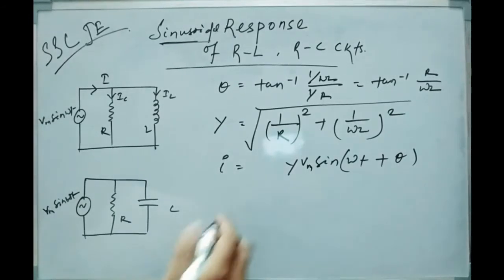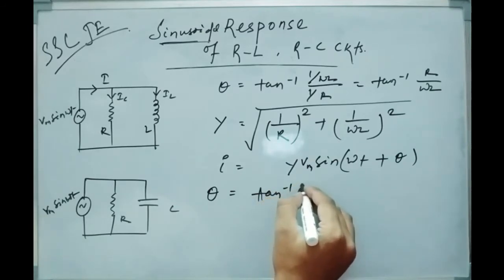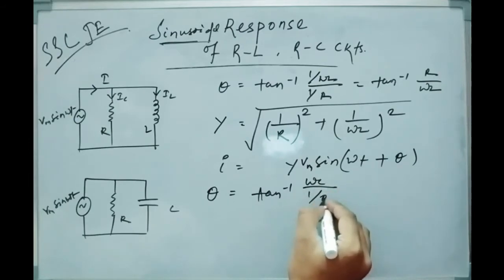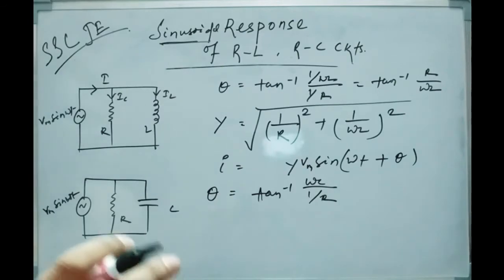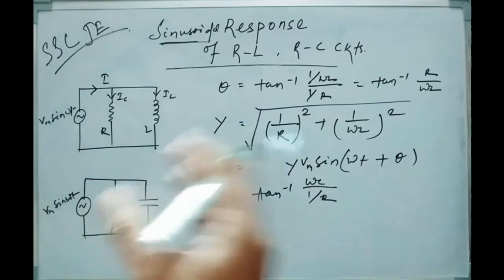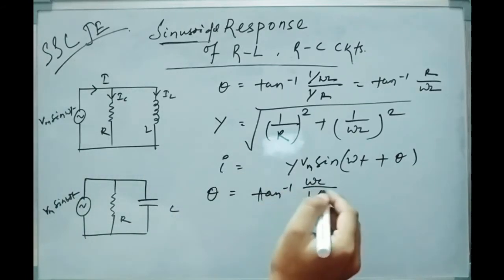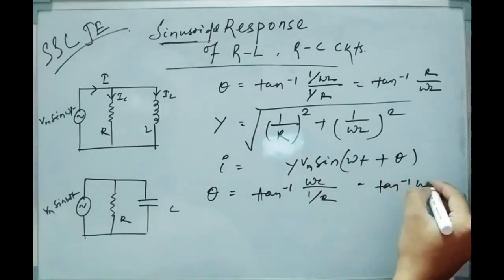In case of an RC circuit, theta is tan inverse of 1 by omega C by 1 by R. So it was 1 by omega C in the RC series. Now it is the reciprocal of 1 by omega C, that is omega C, divided by, there it was R, here it is 1 by R. So tan inverse of omega C by 1 by R, that is tan inverse omega RC.